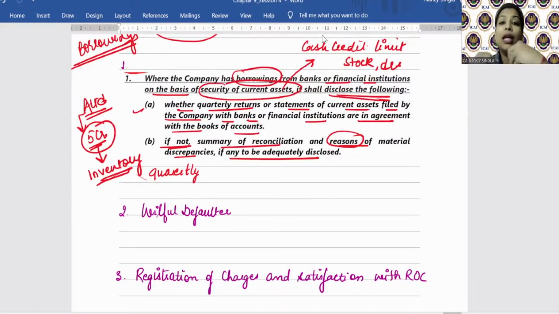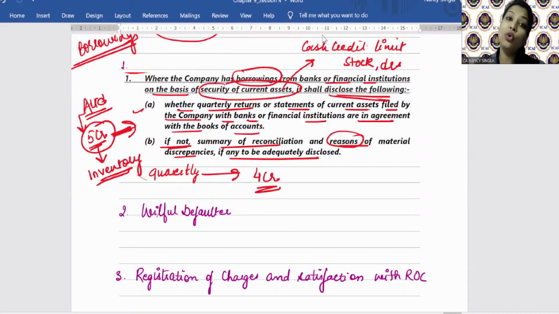The company has to itself mention in the additional regulatory information whether such quarterly statements or returns of current assets, the inventories or stocks given as security for that borrowing, are in agreement with the books of accounts. So if the inventory statement says the total is 5 crore, it should not be that in the books of accounts it is actually 4 crore.